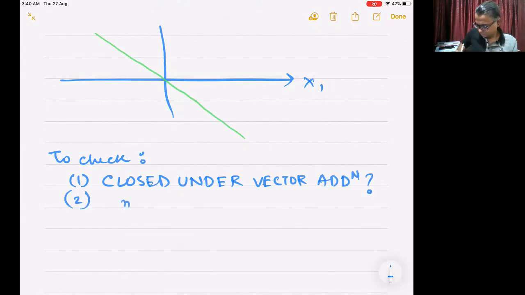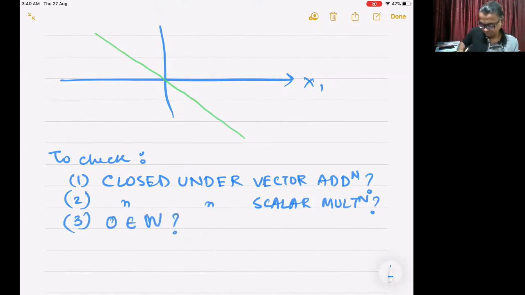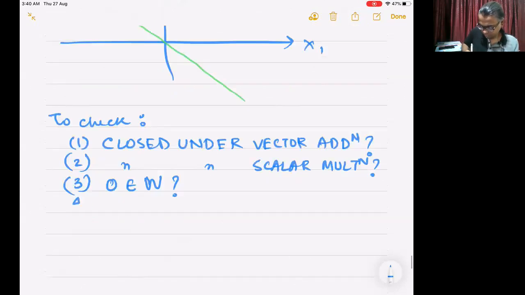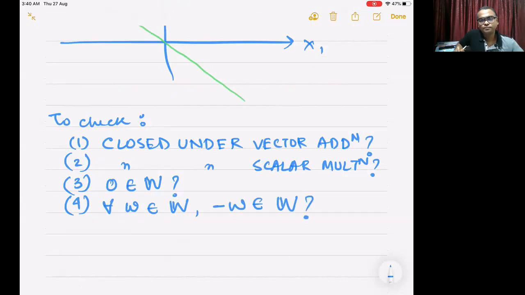Number two, closed under scalar multiplication. Number three, 0 in W. And number four, for all, what should I write? Say small w in W, whether minus w belongs to W or not is what I have to check. These 4 properties I have to check.